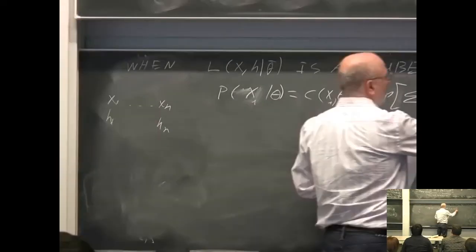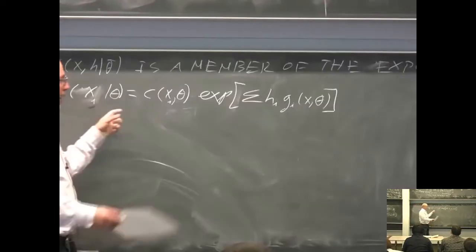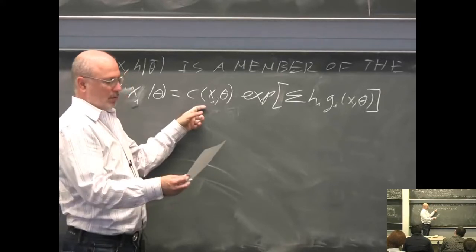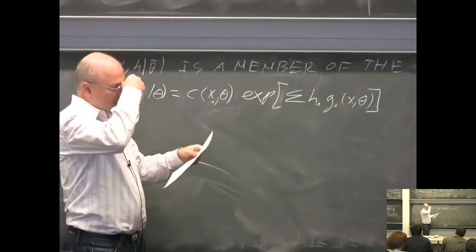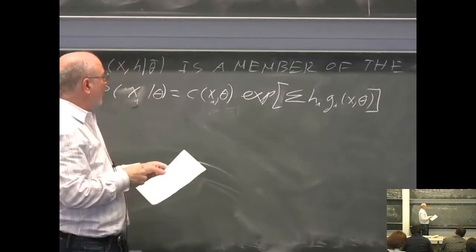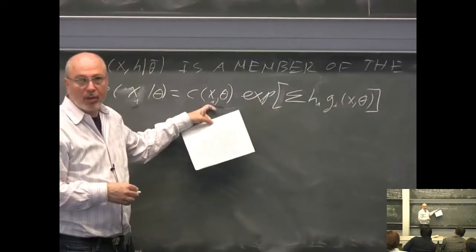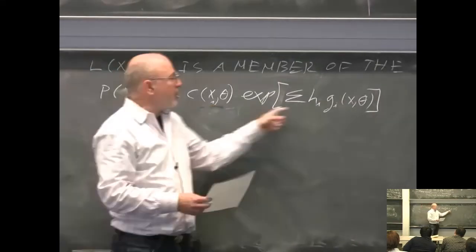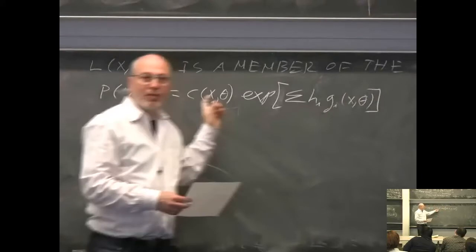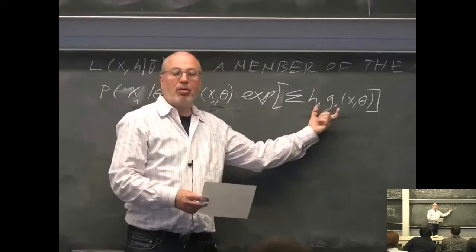And if you can factor the likelihood of the data as something that does not depend on the hidden part, and then something that depends on the hidden part through e to the power of, then the log of this likelihood is something plus a linear sum.